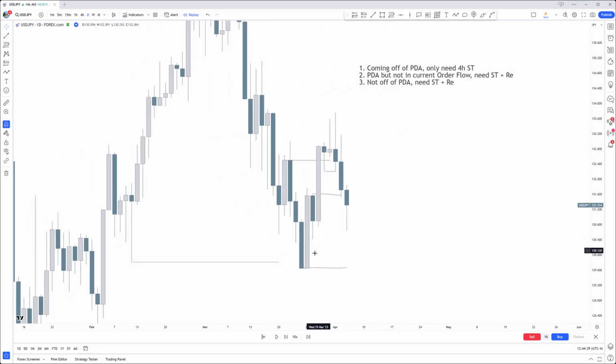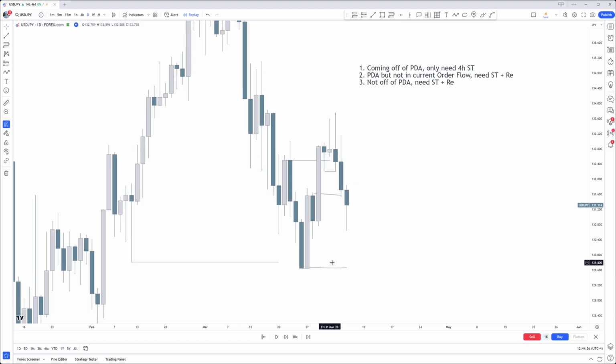The first one, if, for example, we are coming off of a PD array already, we only need a 4-hour ST to already get involved. So, again, we will learn to combine the time frames more and more.